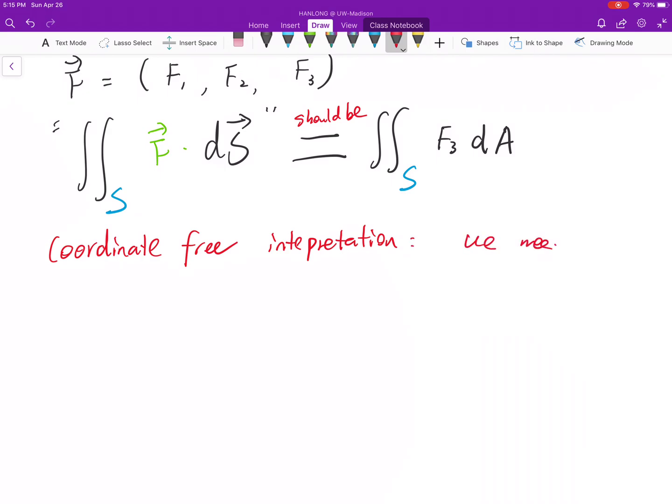We need to integrate F dot the normal direction of the surface.